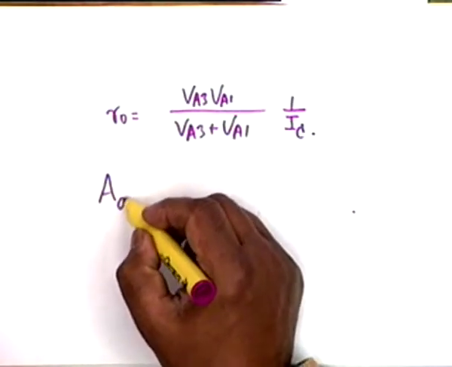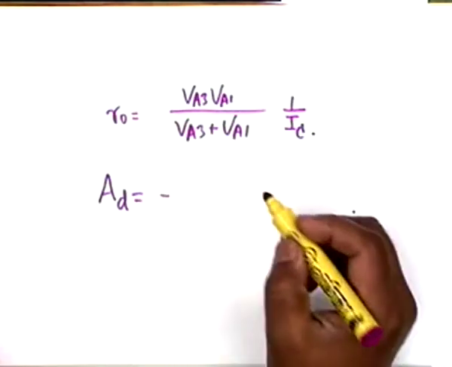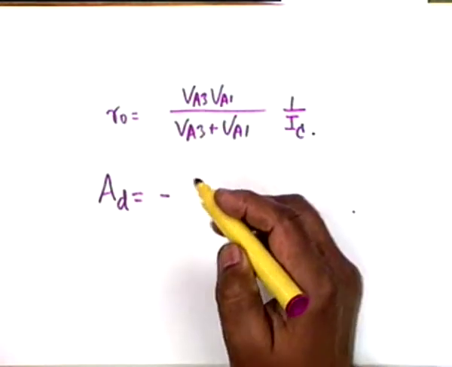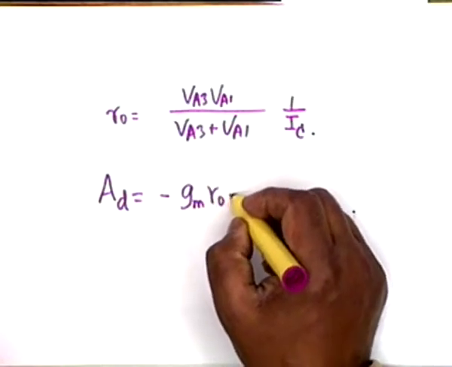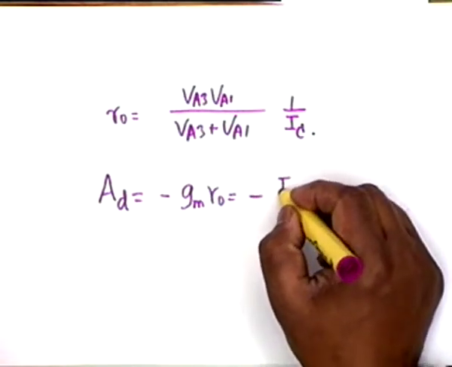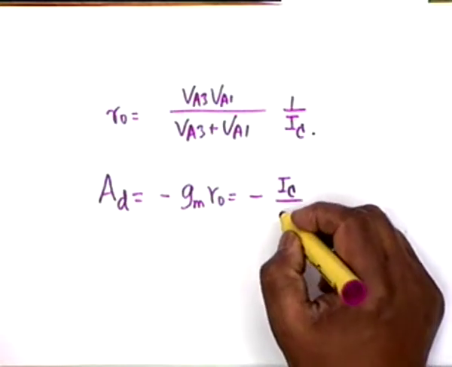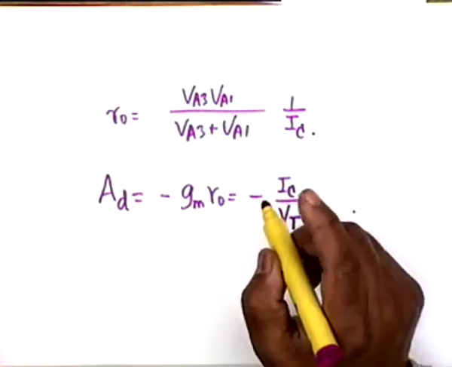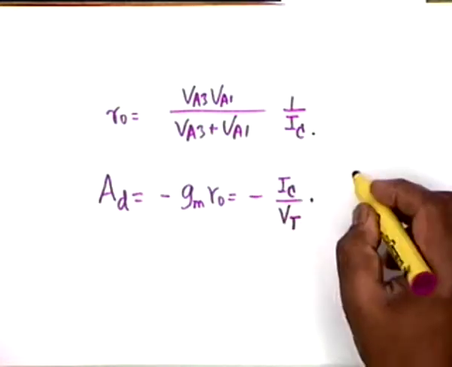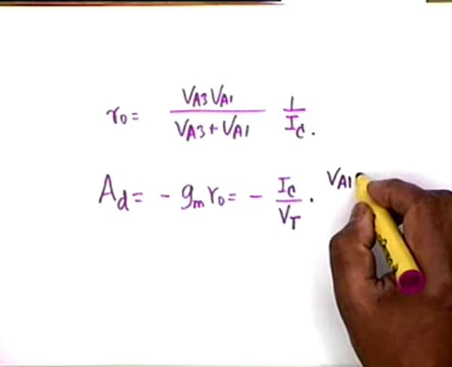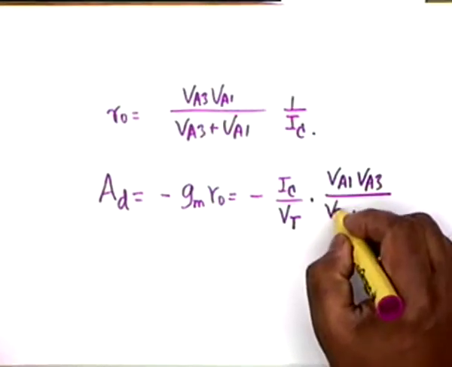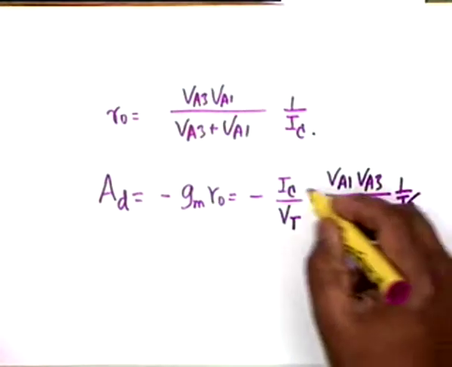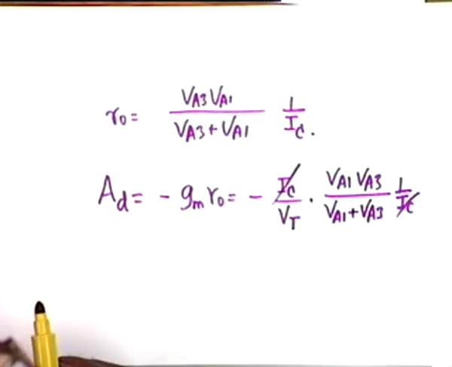Therefore, the gain A sub D would be minus GM times this load, minus GM times R0. What is GM? GM is I sub C divided by VT, 26 millivolt. Let's use it as VT for a moment. Then this multiplies R0, which is VA1 VA3 divided by VA1 plus VA3 divided by I sub C, and you notice that I sub C cancels.